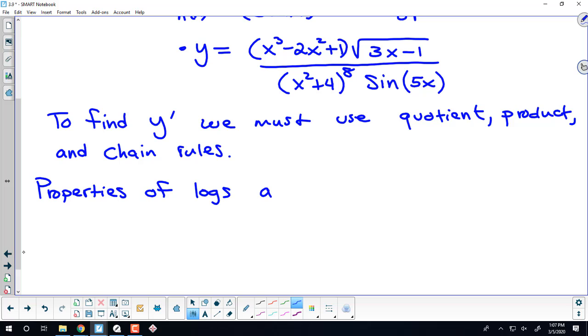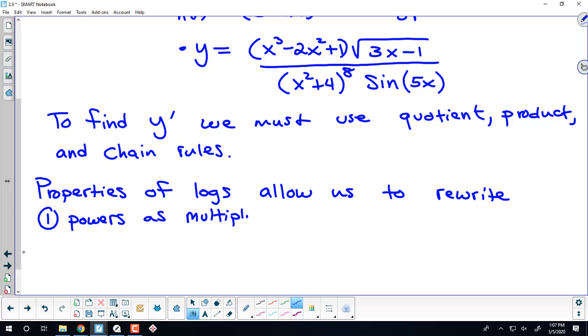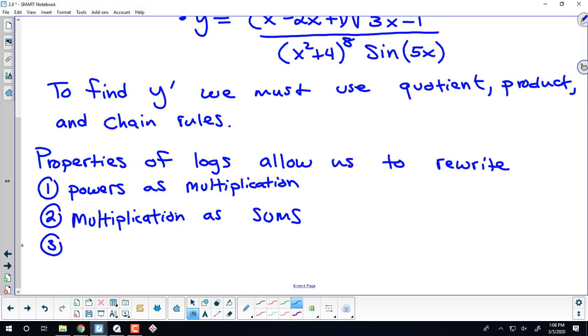But properties of logarithms allow us to rewrite a few things: powers as multiplication, multiplication as sums, and quotients as differences.